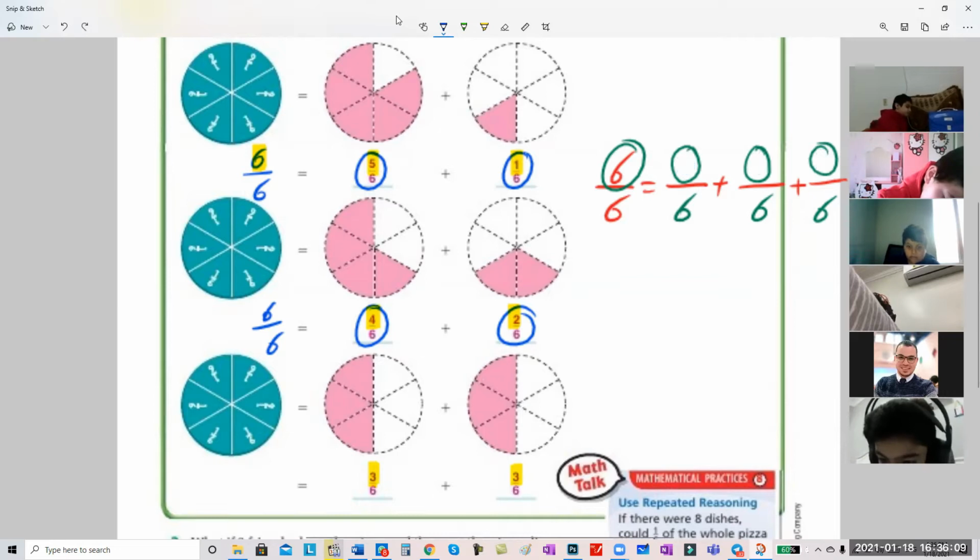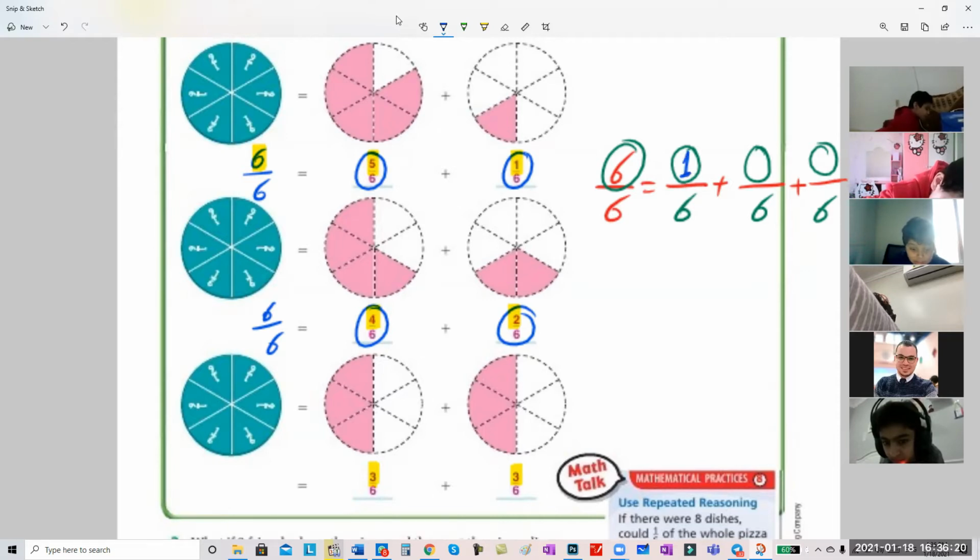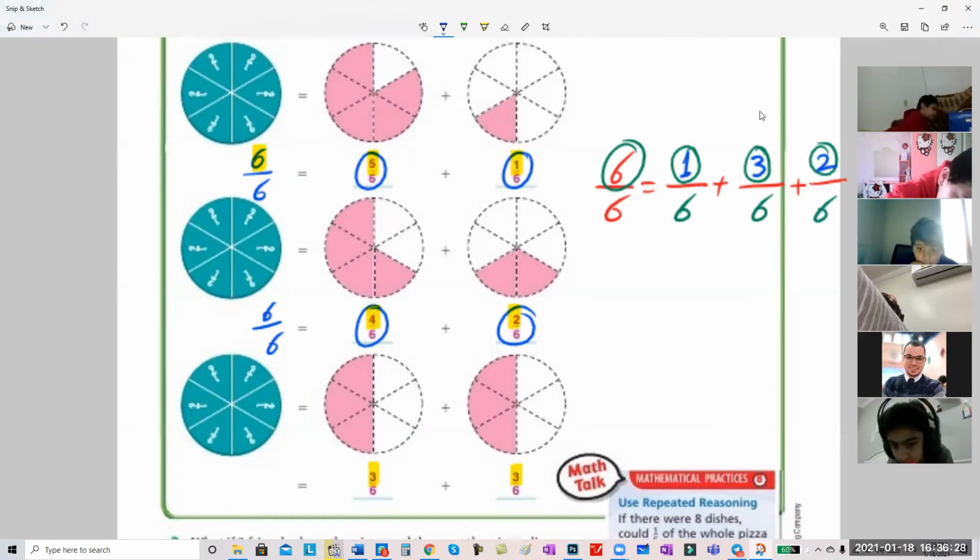Or we can write it as 1 plus 3 plus 2, the same. So those are the ways to write fractions as a sum in different ways.